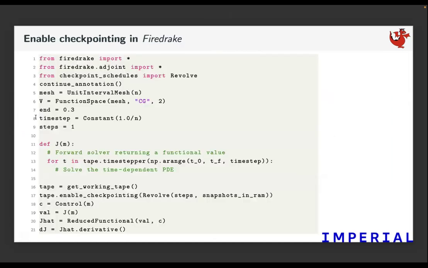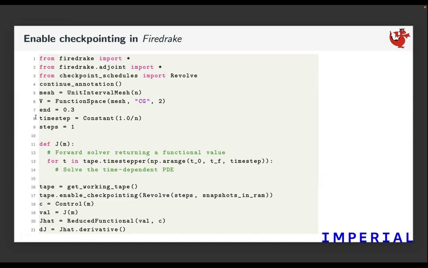Fine. So now we have checkpoint schedules incorporated in PyAdjoint, which you can use because PyAdjoint is a generic automatic differentiation framework. Here is an example of how we can use it in Firedrake, which should be very familiar to you. We use UFL as well. We import checkpoint schedules, some schedule from checkpoint schedules, and we annotate our forward solver.